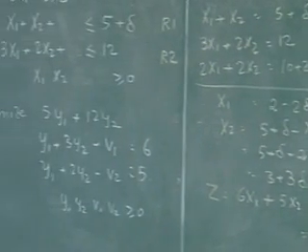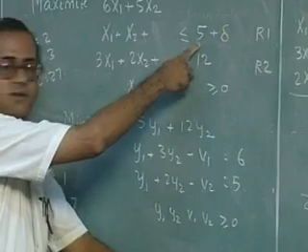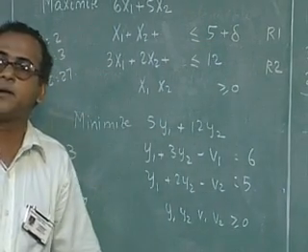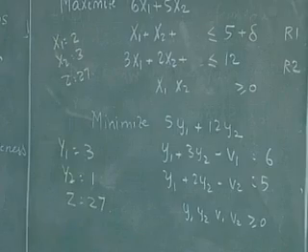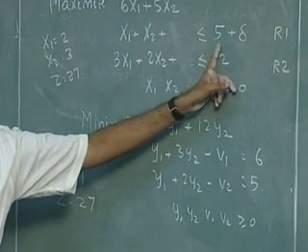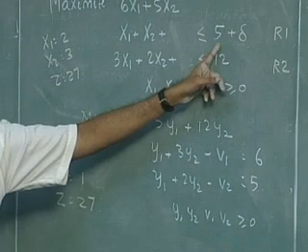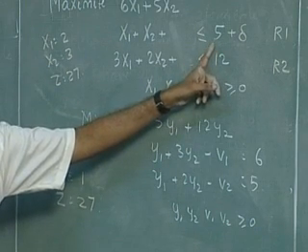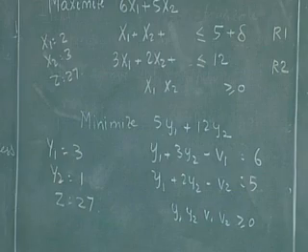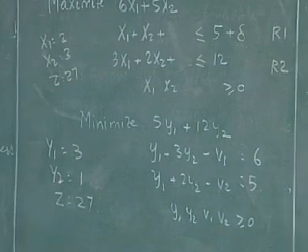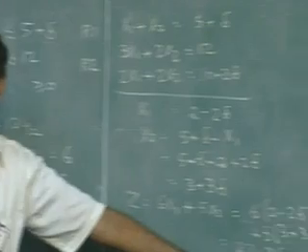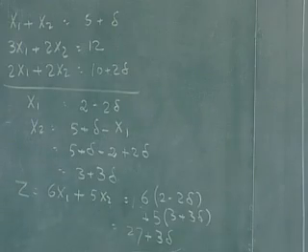Or if I have to go and buy this additional resource from the market, then I will be willing to pay a price which is 3 rupees or less for this resource. If someone is willing to sell me the 6th unit of this resource for 3 rupees or less, then I know that by buying this resource for 3 rupees or less, I will make 3 rupees more to my objective function and I will happily buy it.